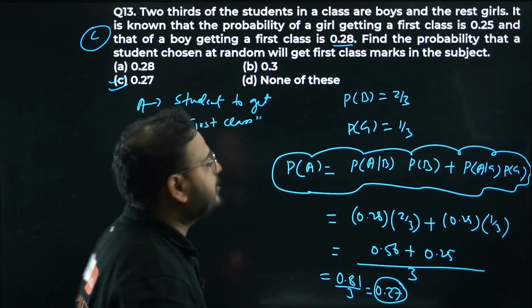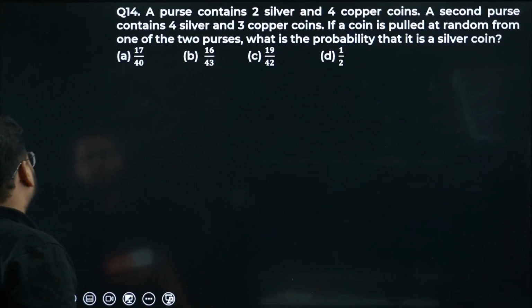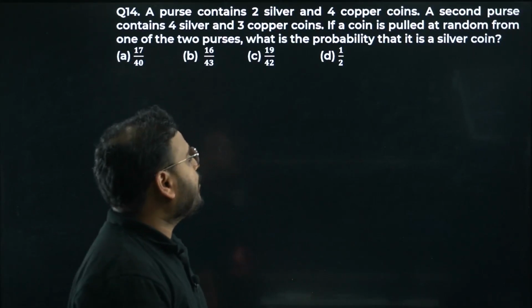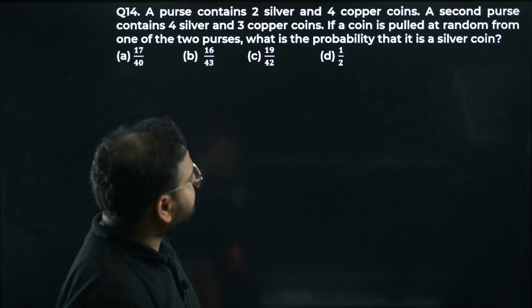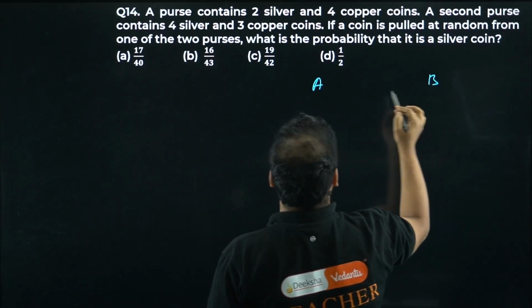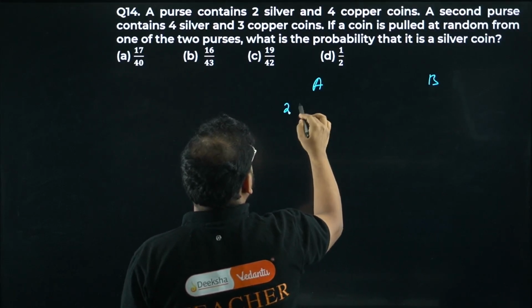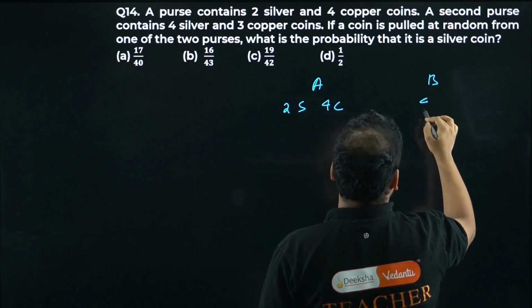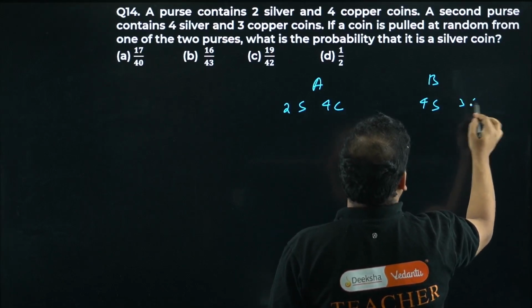Moving on to question number 14 now. A purse contains 2 silver and 4 copper coins. A second purse, let's call them purse A and purse B. In purse A I have 2 silver and 4 copper. Purse B has 4 silver and 3 copper.